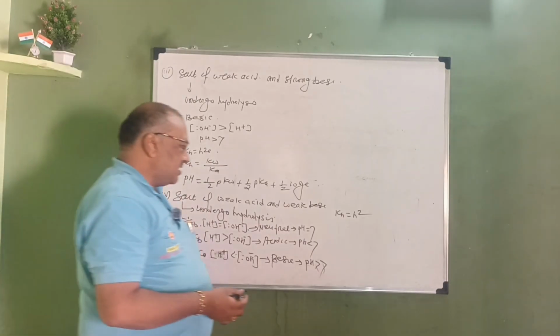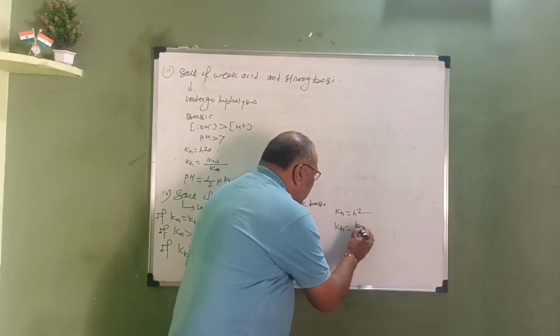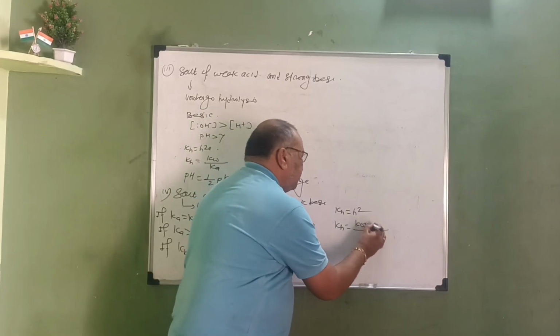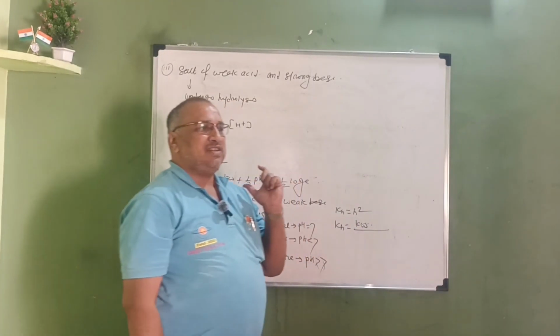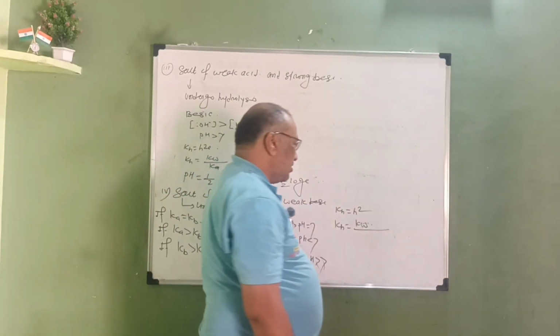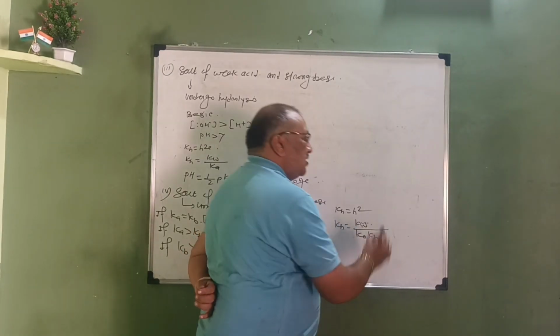Second relation, Kh is equal to Kw upon Ka into Kb, since both species are weak here, the dissociation constants of both the species are present in the denominator.